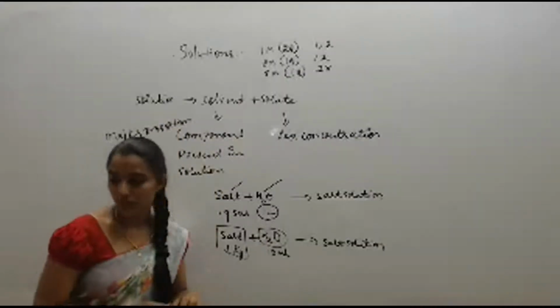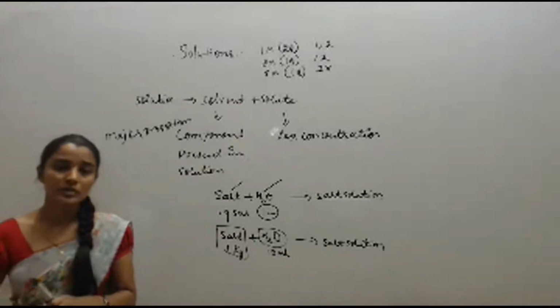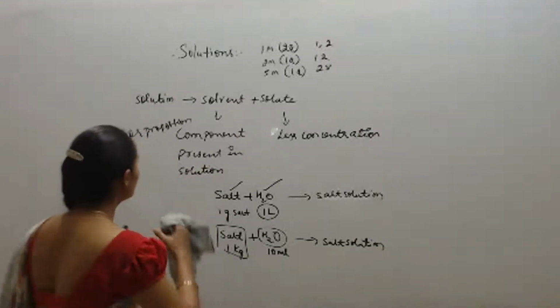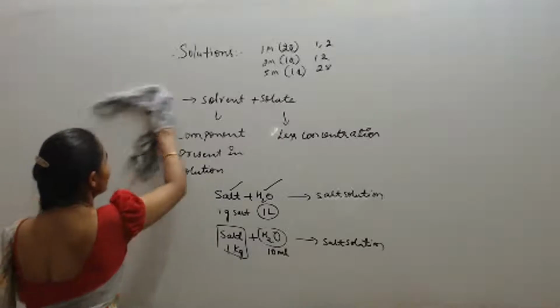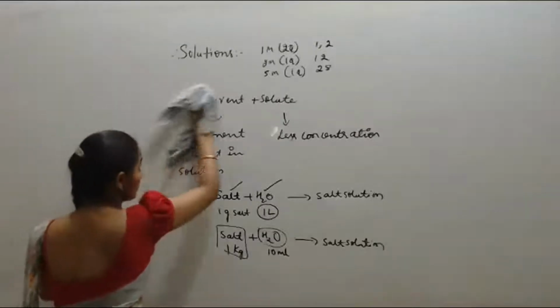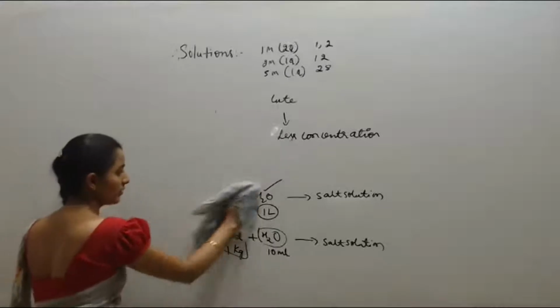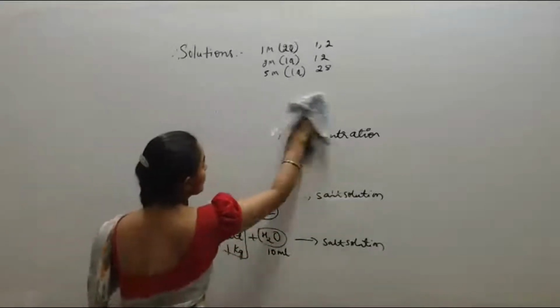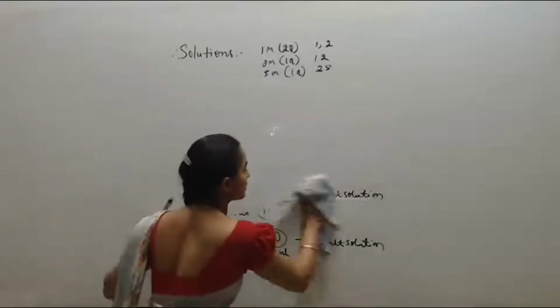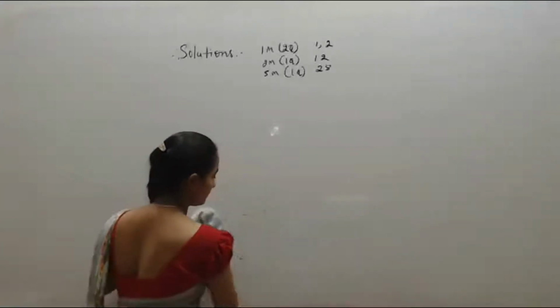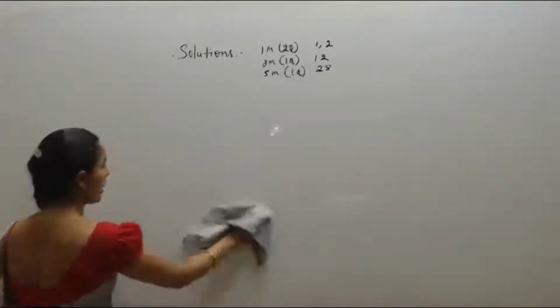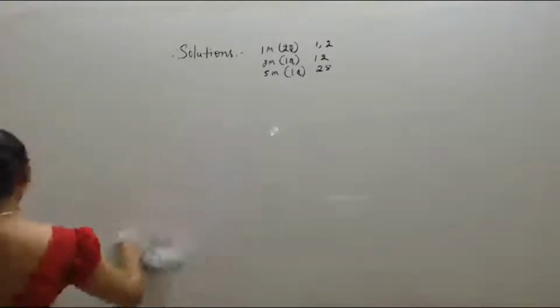So in this chapter, students, we are going to study only solutions of 2 components, that is, binary solutions, only liquid solutions, and their formation. So what are the objectives of this chapter? What are we going to study?